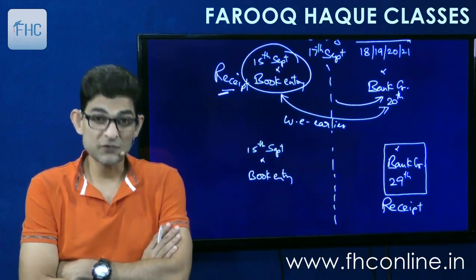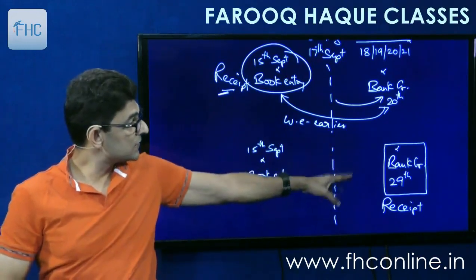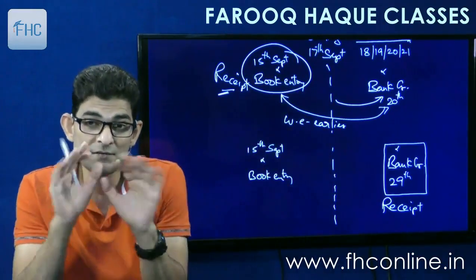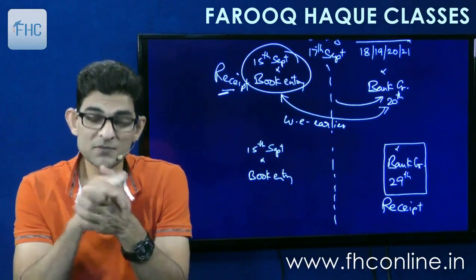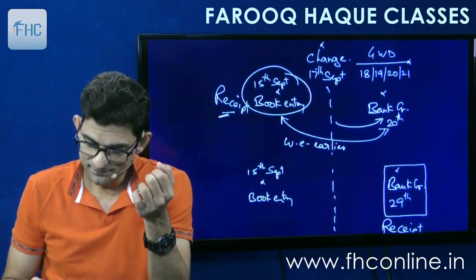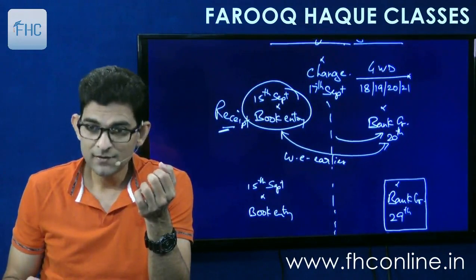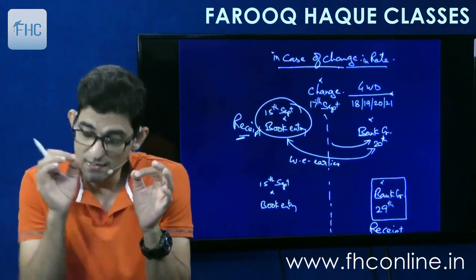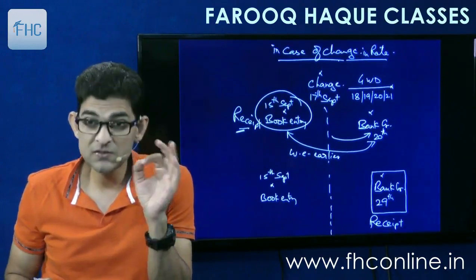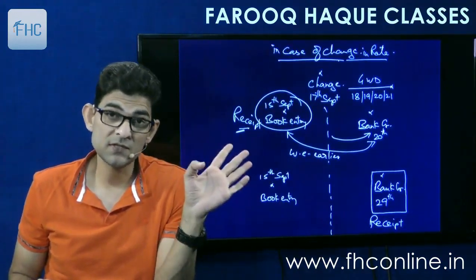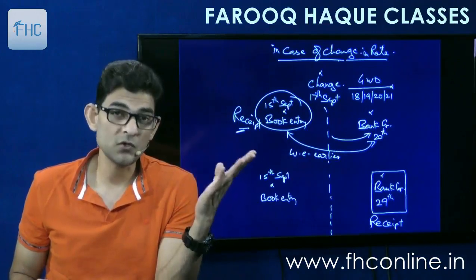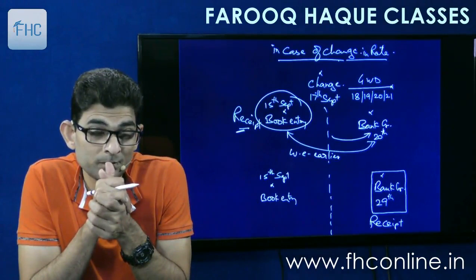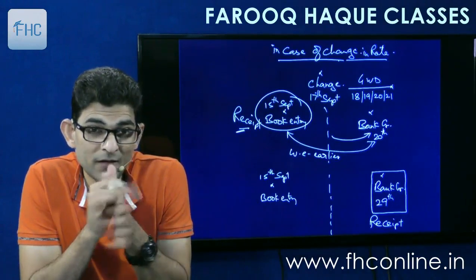This is what the proviso says, that if the bank credit is after 4 working days, 4 working days have expired and then the amount comes in my bank account, then in that case we will take the actual date of entry in bank account, means credit in bank account, as the date of receipt and then compare it with invoice. Understood?